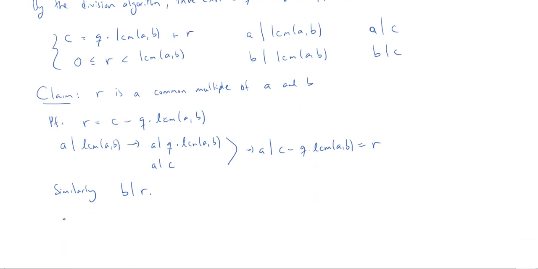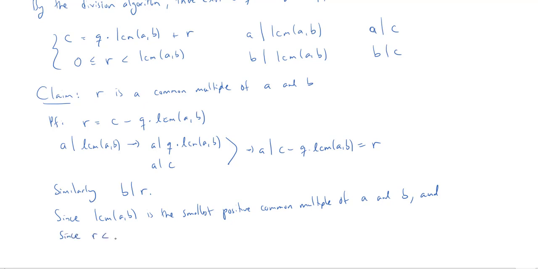So since the LCM of a and b is the smallest positive common multiple of a and b, and since r is strictly less than the least common multiple of a and b, right?